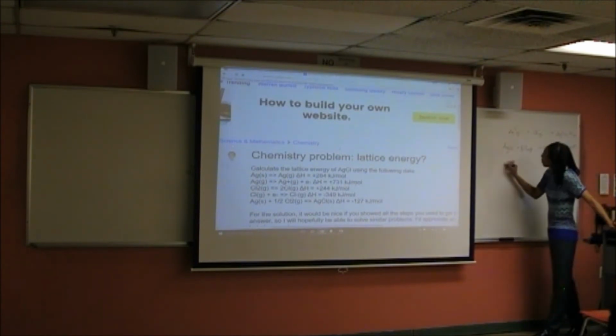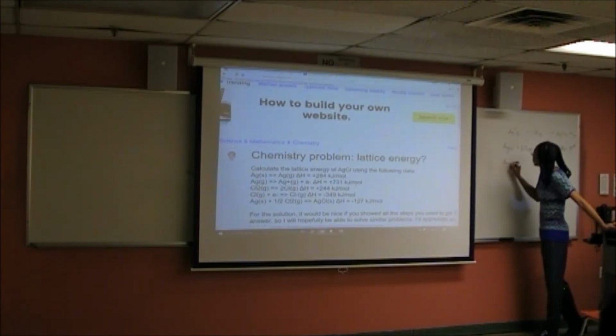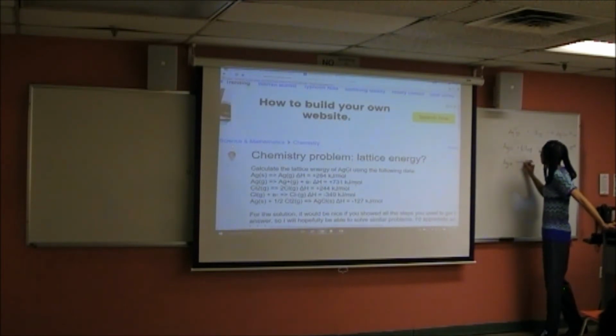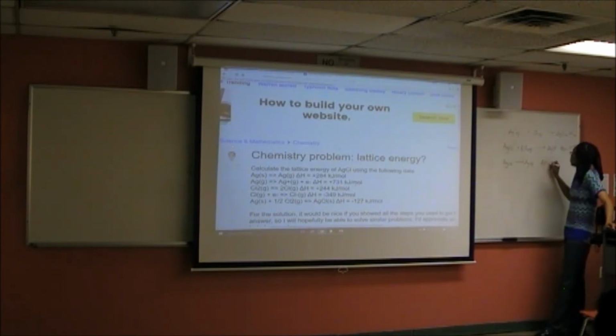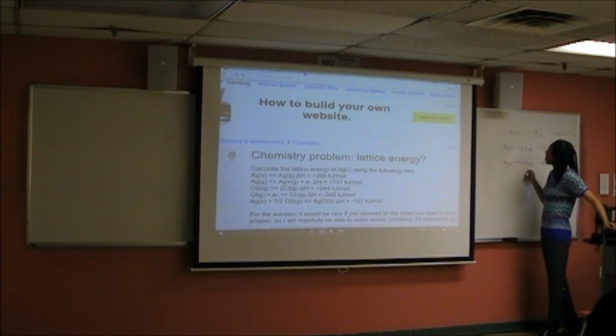Silver solid to silver gas. This has an enthalpy of 284 kJ.